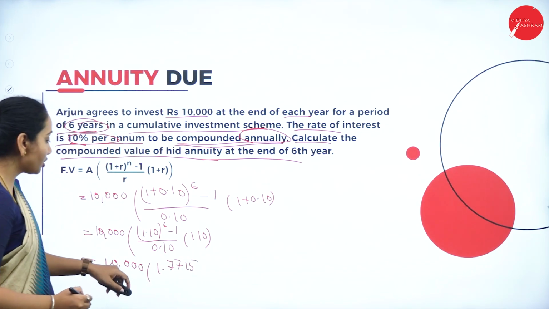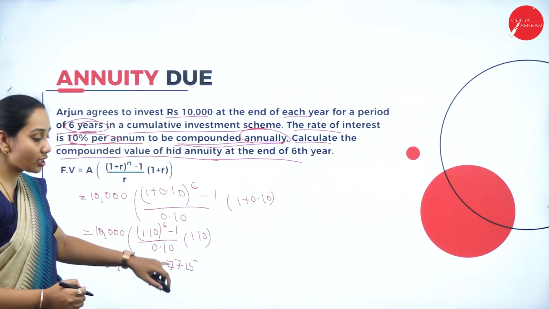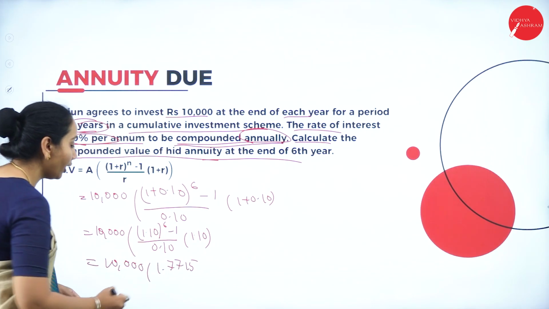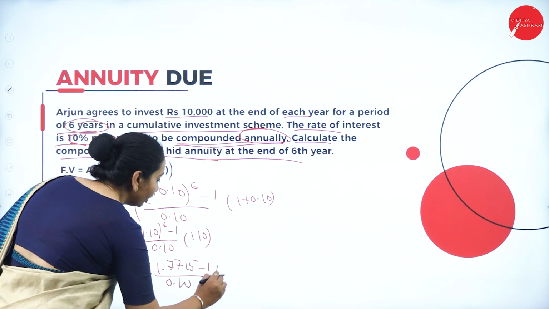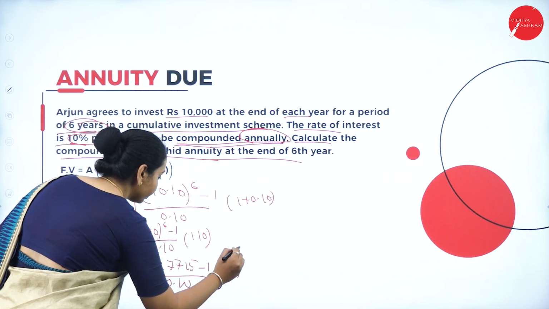So we'll get 10,000 into 1.10 whole to the power of 6, which is 1.7715 minus 1, divided by 0.10, into 1.10.